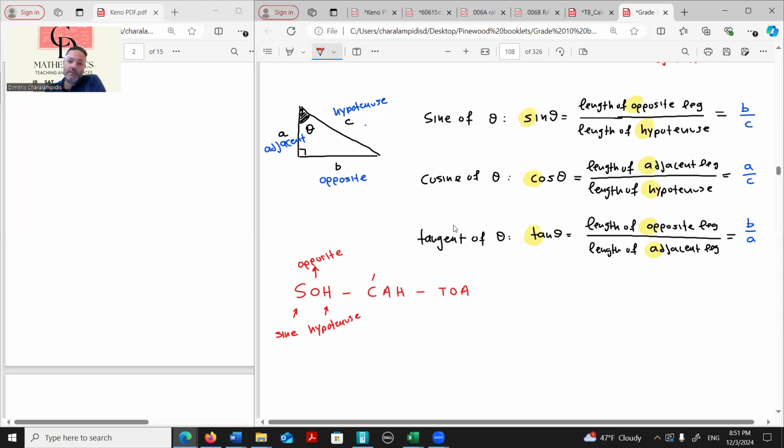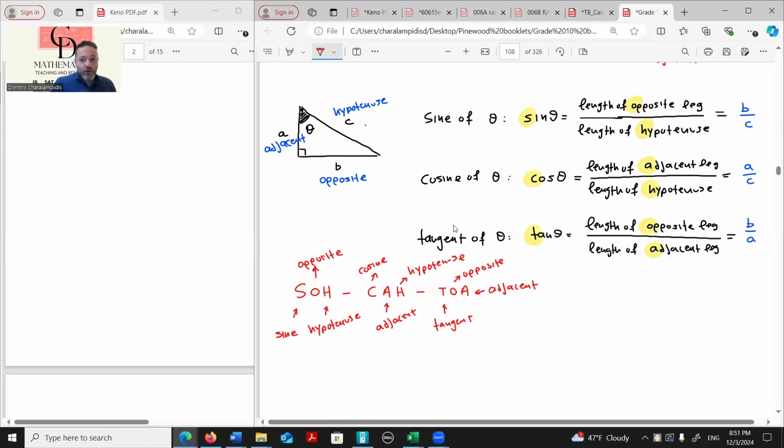Similarly, the C stands for the cosine, A stands for the adjacent, and H stands for the hypotenuse. And with regards to TOA, again, tangent, opposite, and adjacent.